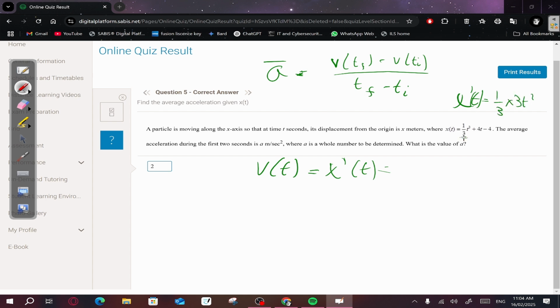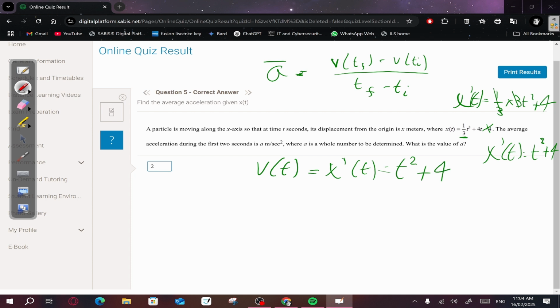The constant always differentiates to 0, so ignore it, and 4t differentiates to 4. Simplifying, the 3s cancel out, so x prime of t is t squared plus 4.